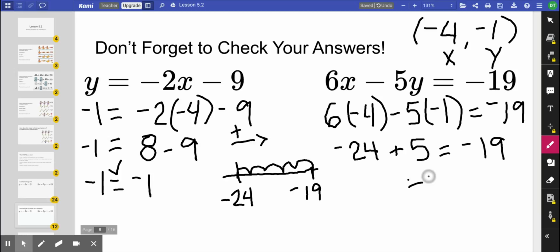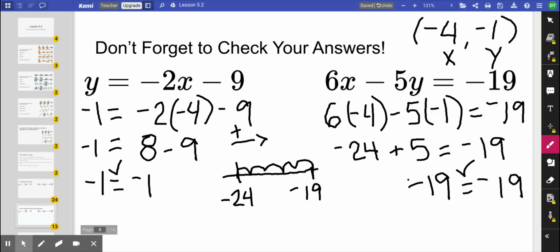So I've got negative 19 equals negative 19, and that checks. So negative 4, comma negative 1 is the correct answer for the system of y equals negative 2x minus 9 and 6x minus 5y equals negative 19.